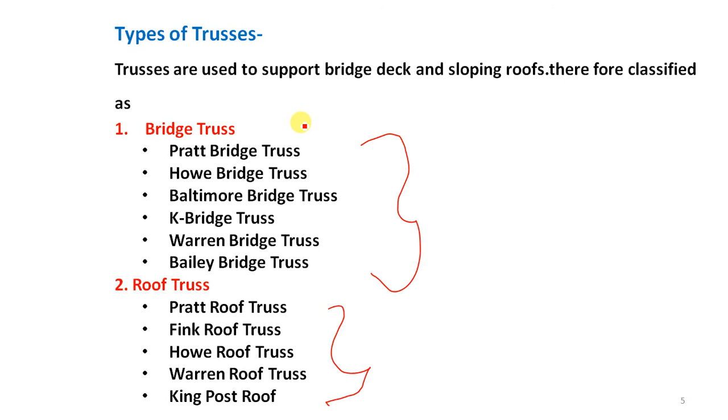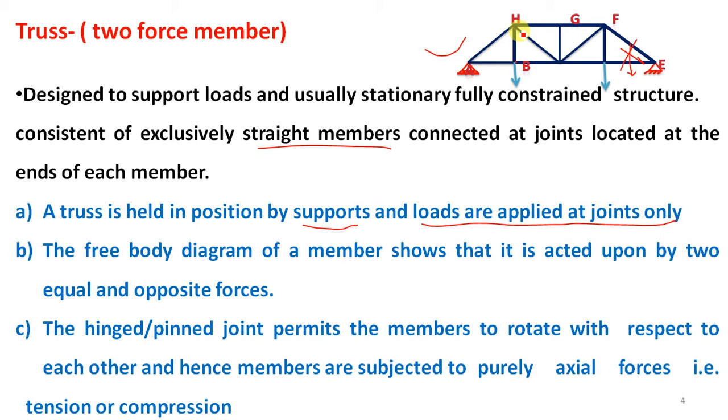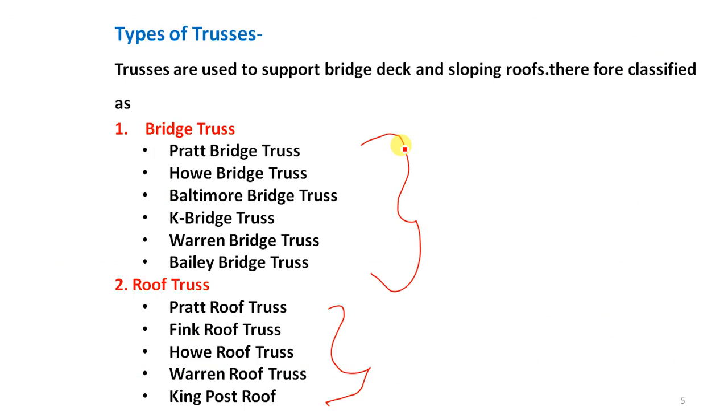In the previous slide, these are the members like AH, AB, HB, GN, GF, NF. So m indicates the number of members and j indicates the number of joints. Here H is a joint, B is a joint, A is also a joint, F is a joint. So these are the joints.